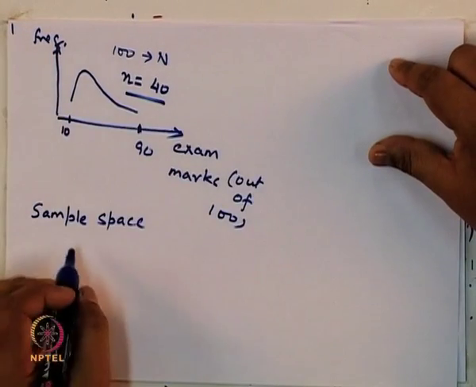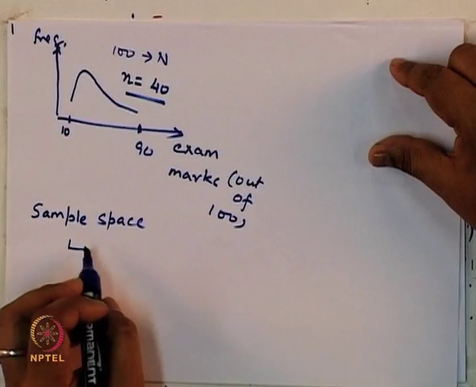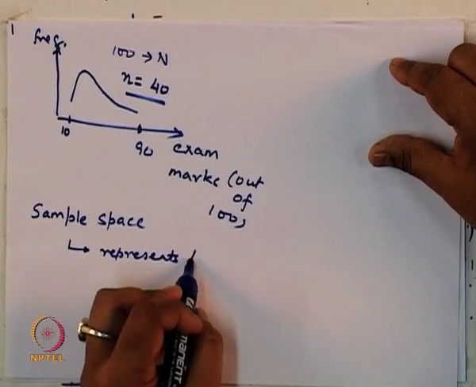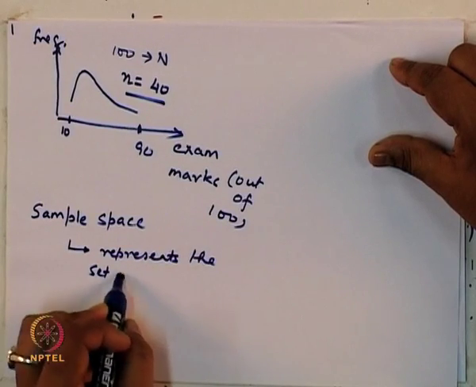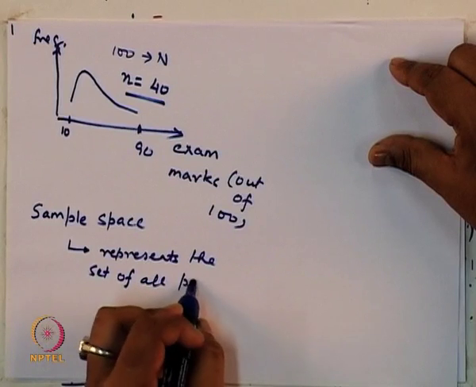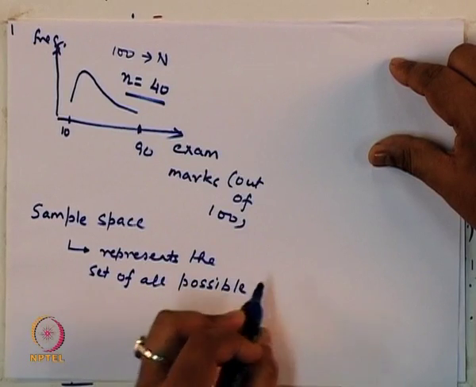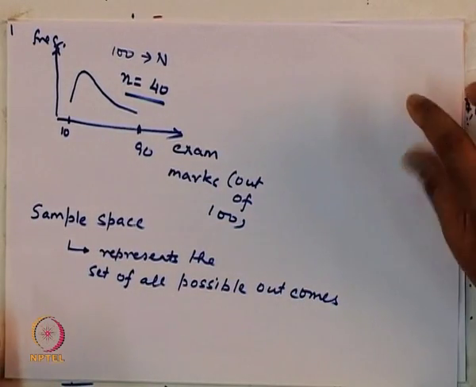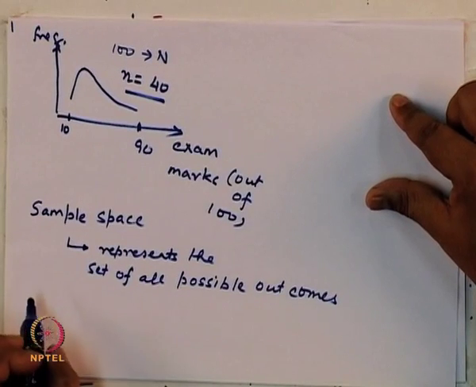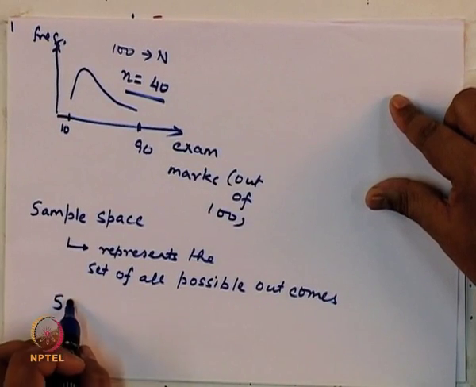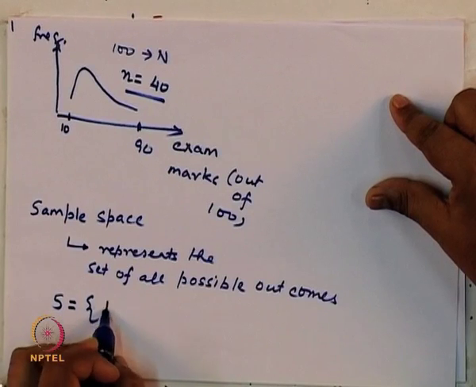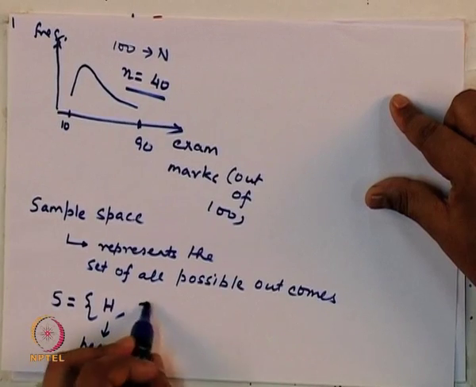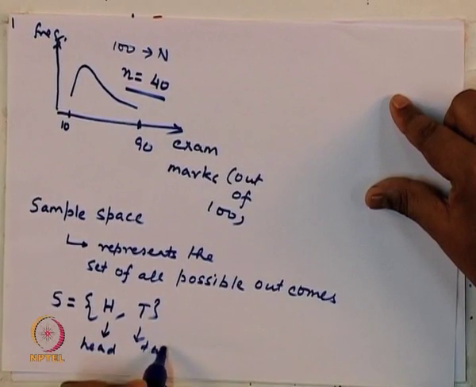So, the sample space basically represents the set of all possible outcomes. In case of tossing a coin, my sample space is typically written as S, which is nothing but a head appearing, H is short form for a head, or a tail appearing, T is short form for a tail.